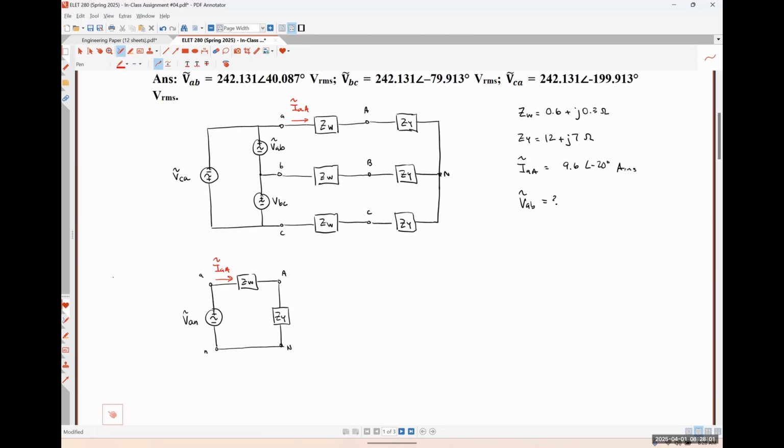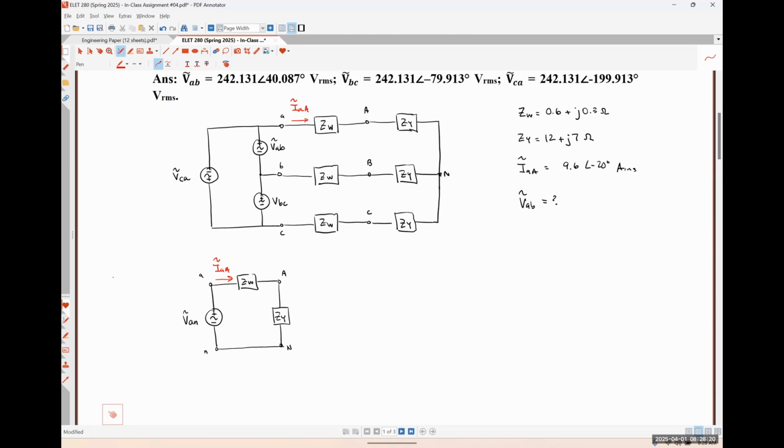So you're 100% right. That process is perfect. We're just going to solve for this voltage VAN in our single phase equivalent circuit, and then use that to convert back to the delta connected source voltages that we're actually trying to find. Great job.